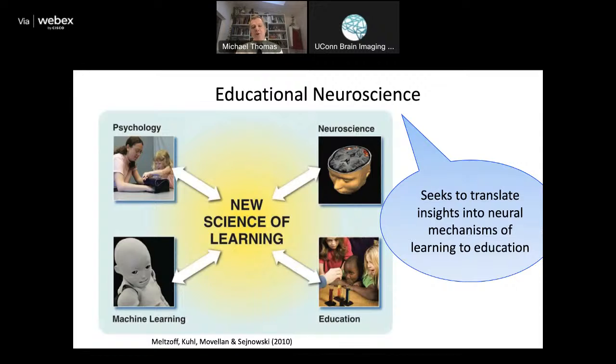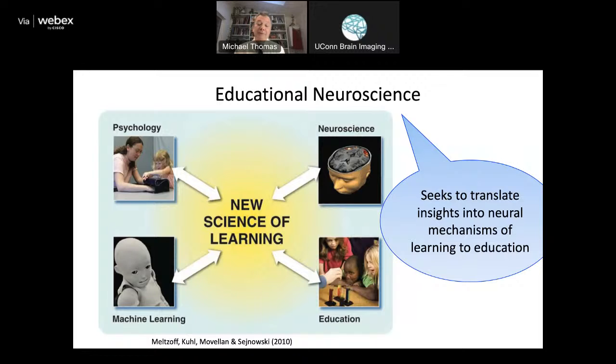Okay, so let's start off defining educational neuroscience. As we've heard about, the goal of this field is intrinsically transdisciplinary. The goal is translating insights into neural mechanisms of learning into education to try and improve educational practices, ultimately learning outcomes.